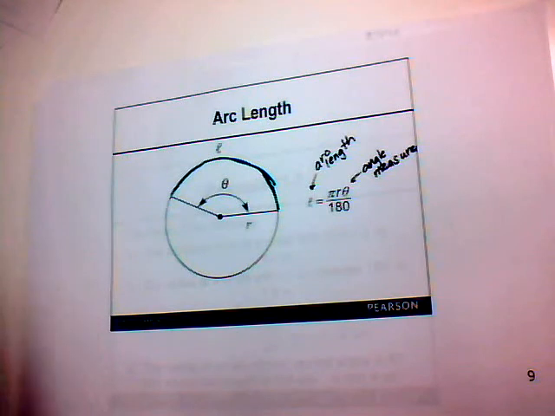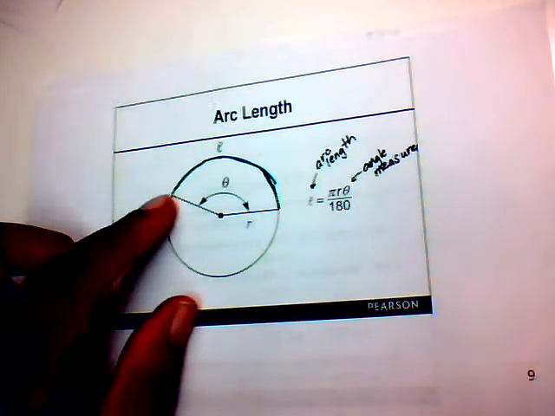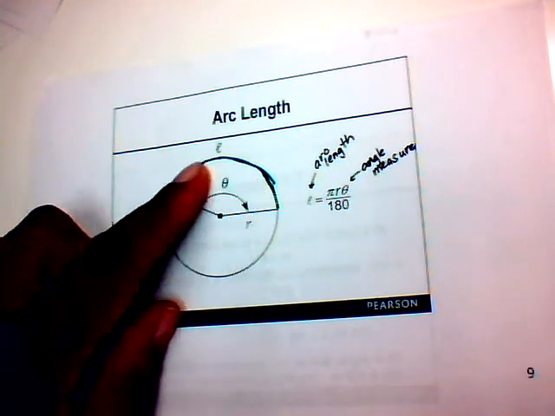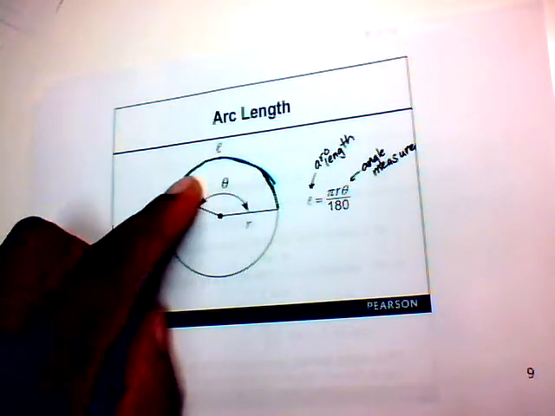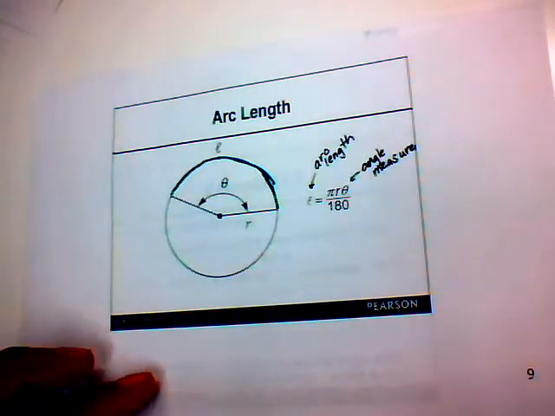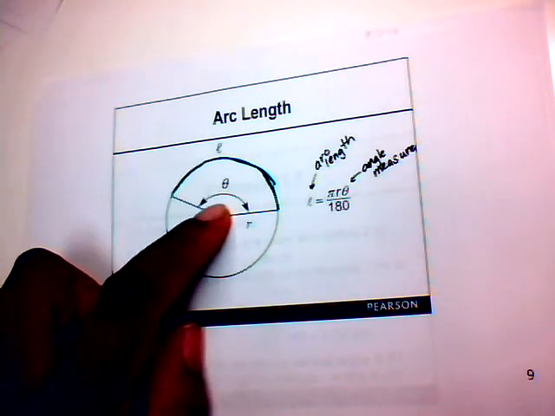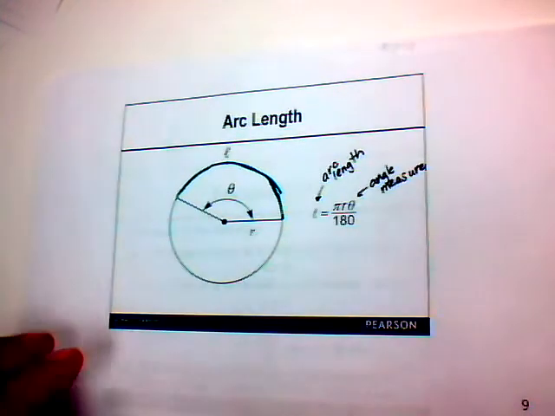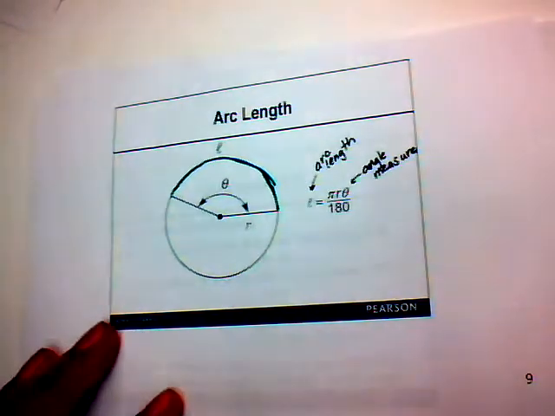Okay, that's the formula for finding the arc length of any particular circle, because the arc length is nothing but a piece of this circle. And you have to know what the angle measure is, and you have to know what the radius is to use that particular formula.